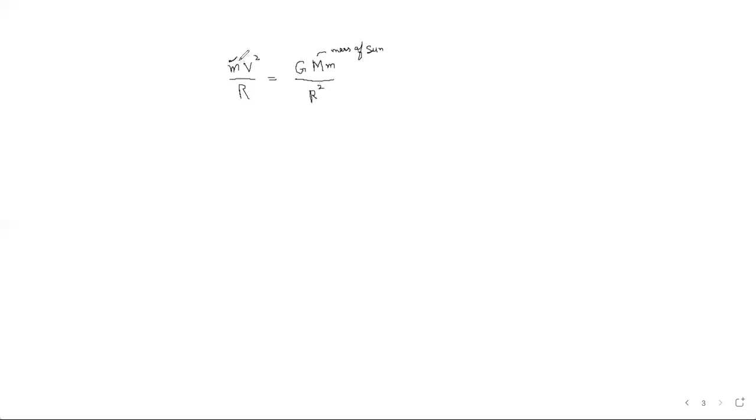Yes, and here you can cancel out these small m's, and this radius will cancel this square, and we get v square is equal to the gravitational constant, mass of sun, divided by the distance between sun and earth. So the velocity of earth v is equal to the square root of G times capital M divided by r.